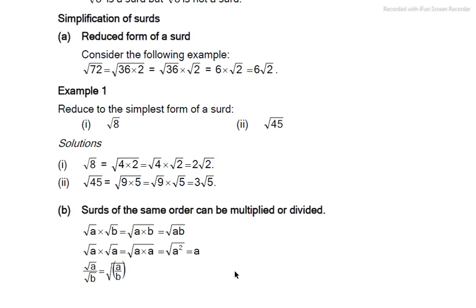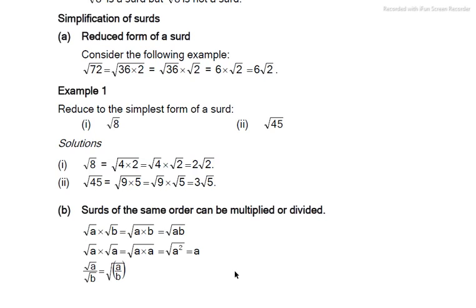Now that brings us to something else. What are square numbers? Before you simplify surds, you must know what square numbers are. Reason being, we are going to use them. And you cannot use what you don't know.